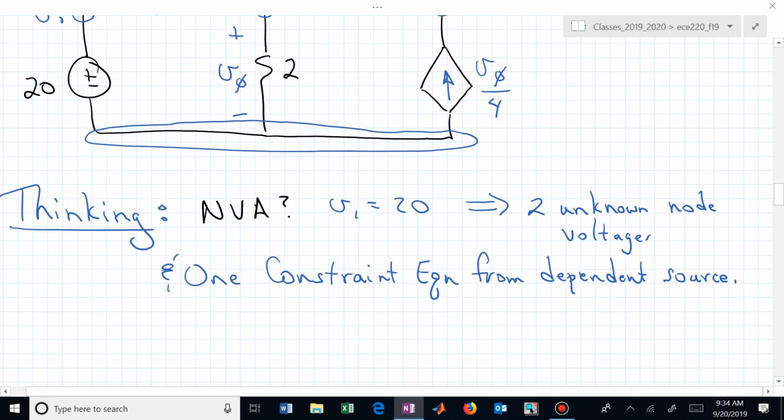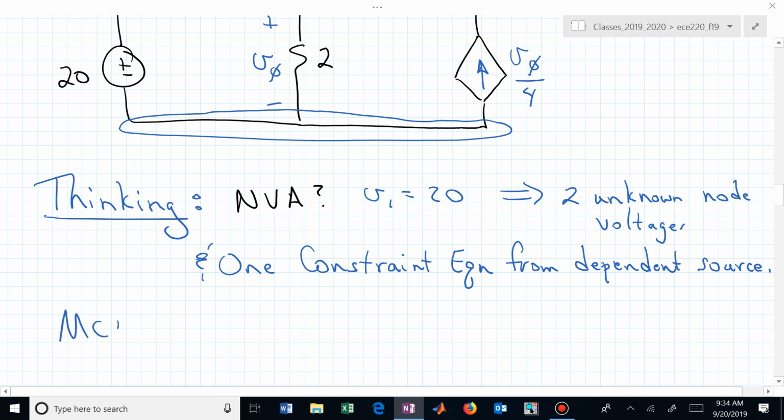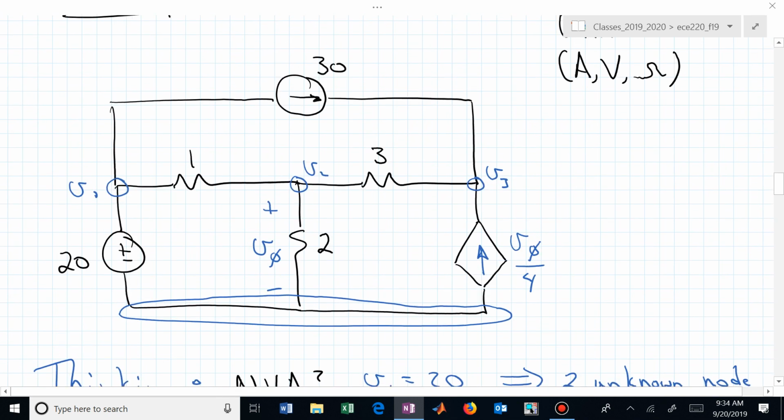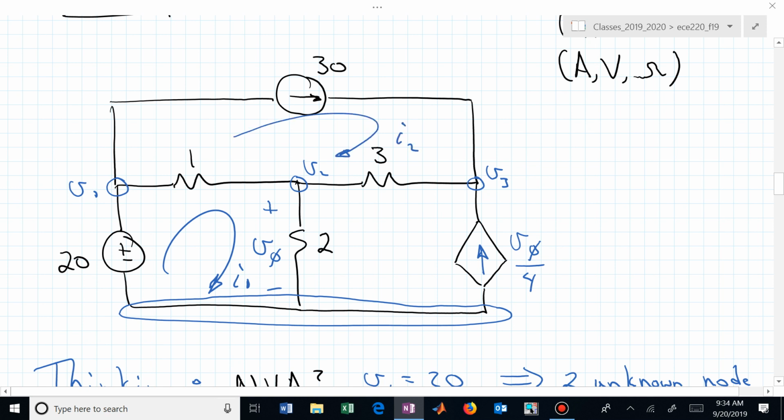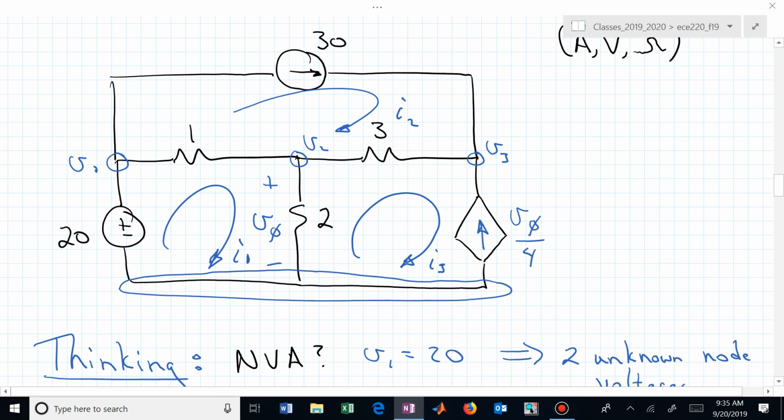What about mesh current analysis? How would we do that? Well, how am I going to label these? Let me label this I1, this I2, and this I3. Are any of those already determined? I have an ideal or independent current source that is governing one of those mesh currents.